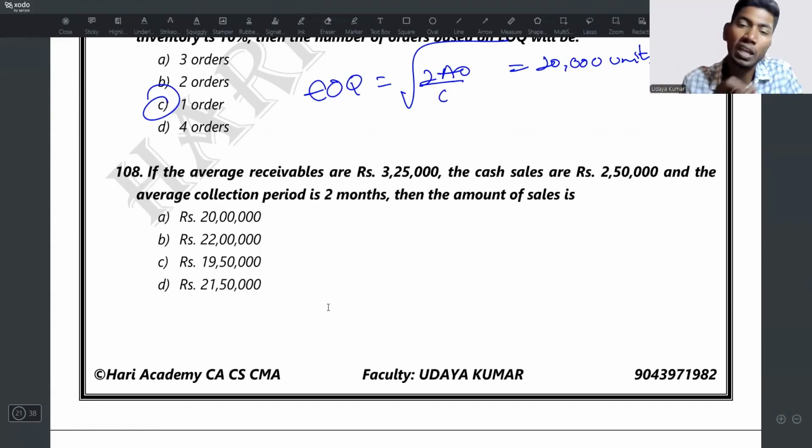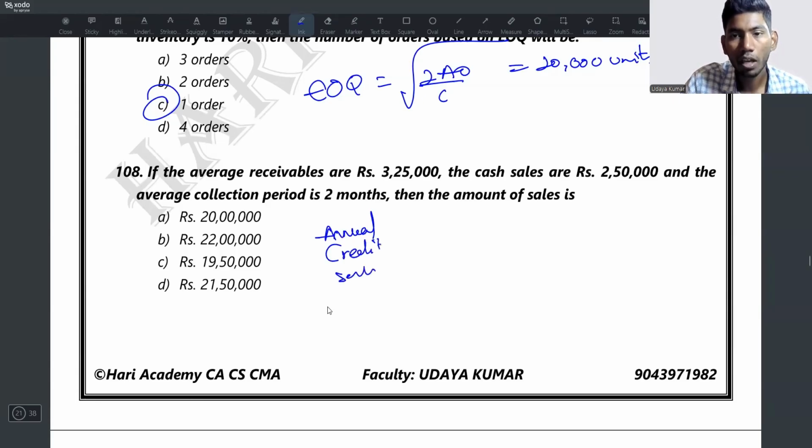So first you need to find out the annual credit sales. Average receivables arise when there is a credit sale, right? So annual credit sales equal average receivables into 12 divided by average collection period. Because in the question cash sales is already given, cash sales plus credit sales is equal to total amount of sales.